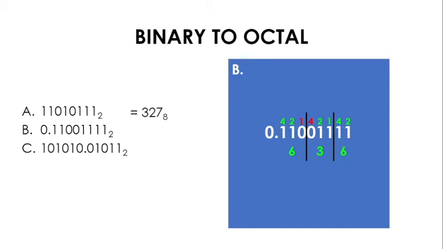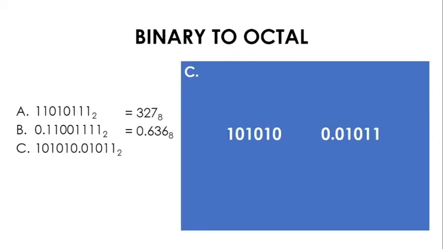So it will be 6. And the answer for this given, the octal equivalent of binary 0.11001111 is 0.636 octal.